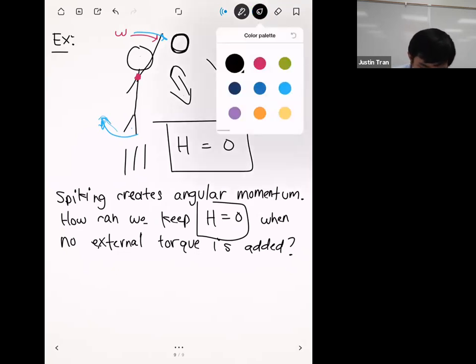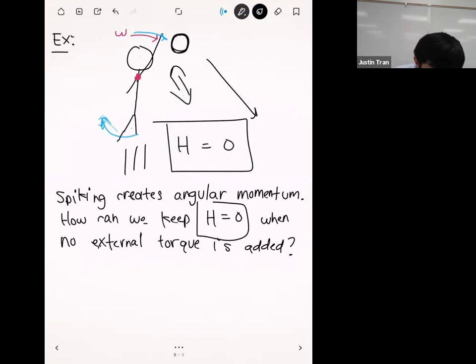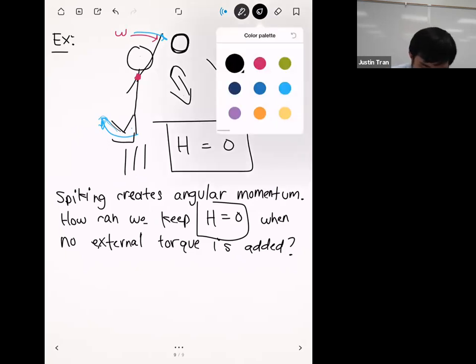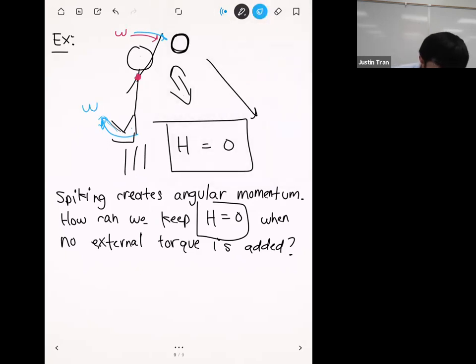I kind of made this guy a hobbit. What you'll see is that as the arm rotates forward, the legs start to rotate back, and as the legs rotate back, they create an angular velocity, which we'll call omega 2, in the opposite direction.